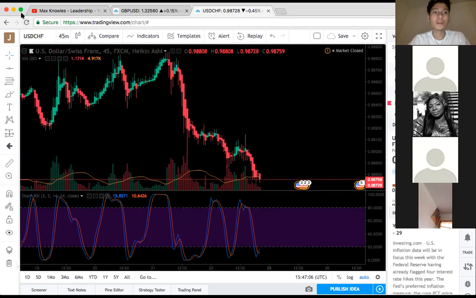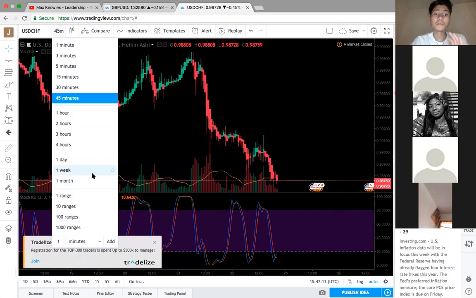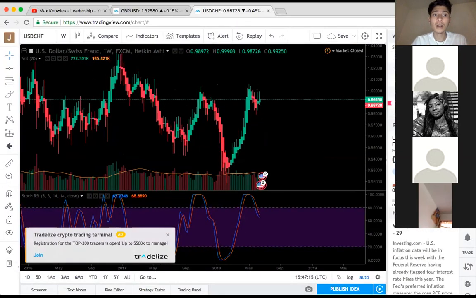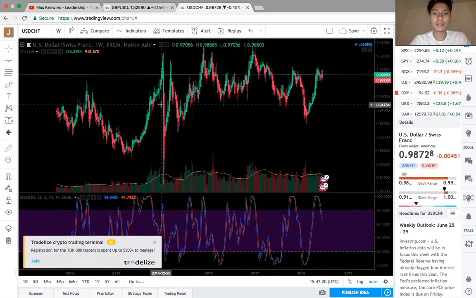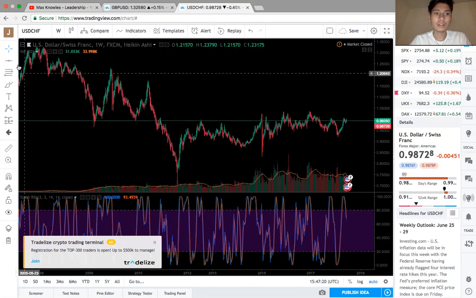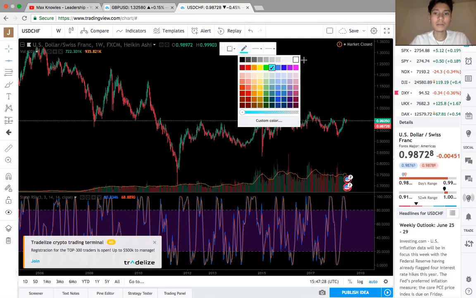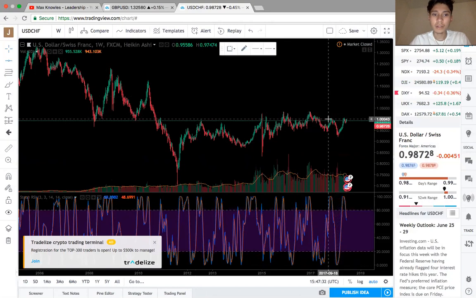Okay. So first and foremost, I'm gonna show you guys how I usually trade. What I do is I always get my support and resistance off of the weekly. Always, always, always. It's so essential. So let's do it. I just look for major zones. My weeklies, I always have these in white, so I always color coordinate them. So I just look for major zones where there's a lot of, I guess, price action.